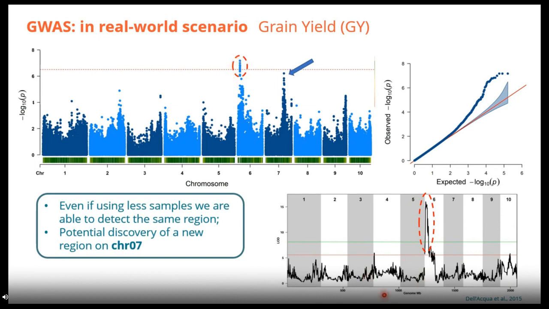Of course, these are 2 different methods, but we got a significant signal highlighting the same chromosomic region on chromosome 6, and we also see a very interesting pattern on chromosome number 7. So even if we are using fewer samples, 300 here and more than 500 here, we are able to detect the same region. So we may have potential discovery of a new region on chromosome 7 here.